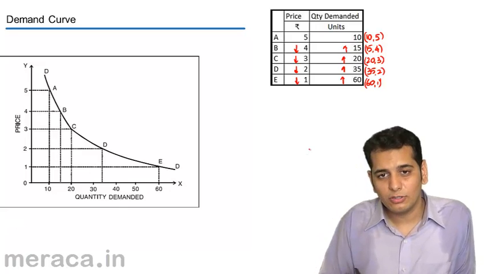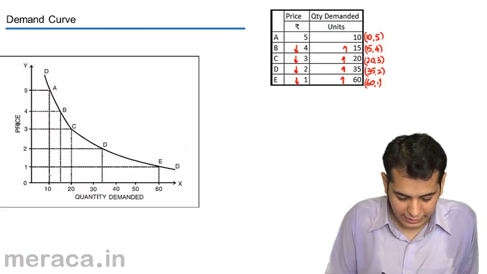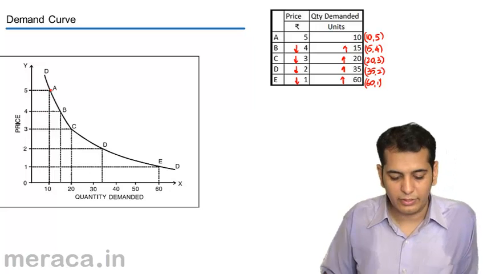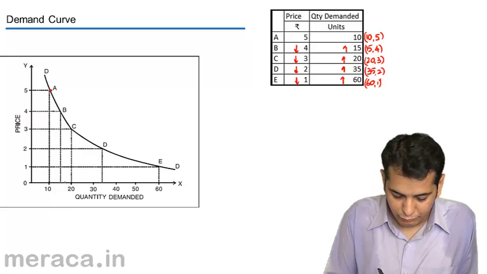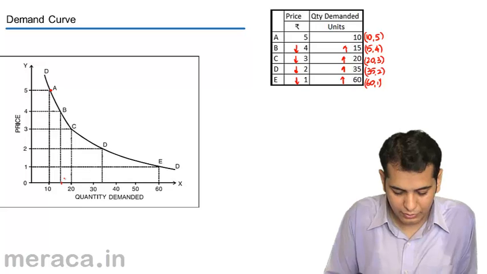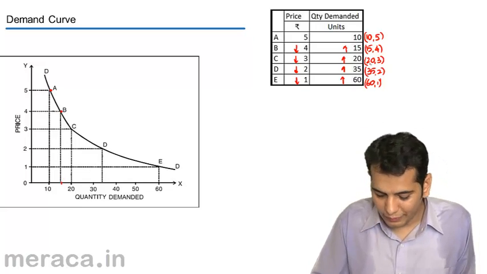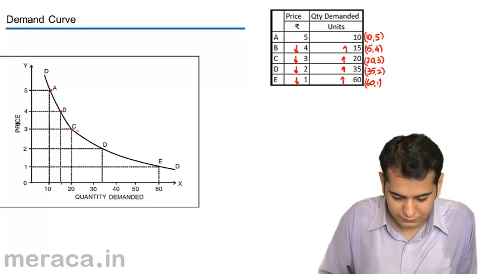And then we plot these coordinates on the graph. We take these points: 10 and 5, the A point is here. Then we plot point B, 15, it is somewhere between 10 and 20, let's say here, and 4, point B is here. 20 and 3.